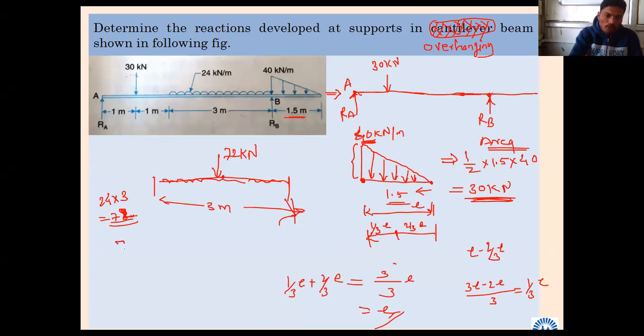We have calculated 72, correct? That 72 we have to apply from this 30 kilonewton at how much distance will it come? 72 किती अंतरावर येईल? कोण सांगतंय, 30 किलोन्यूटन पासून किती अंतरावरती येईल 72 फोर्स? 2.5.